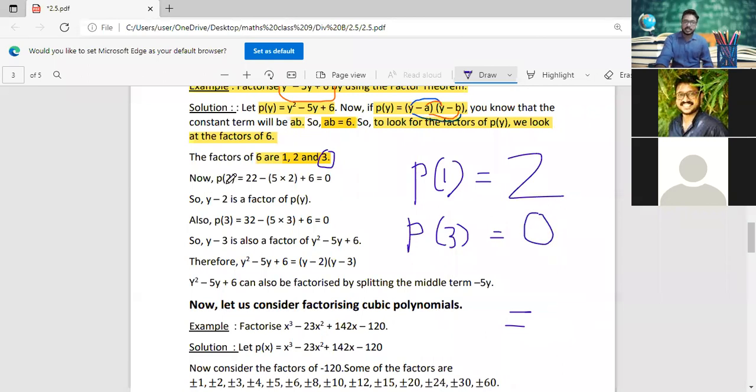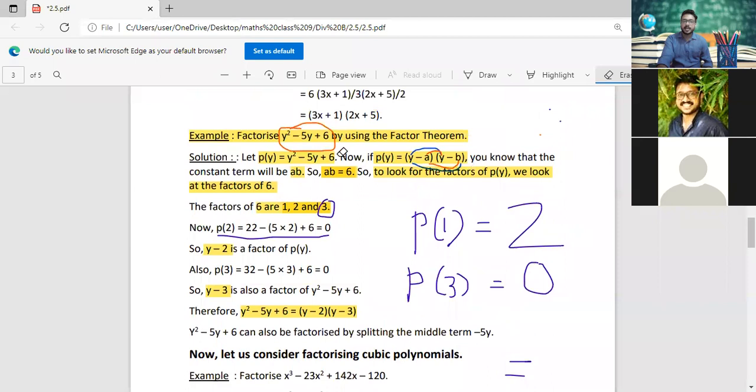Similarly, when we check P of 2, it is also 0. So we can conclude that the factors of the polynomial P of y are y minus 2 and y minus 3. There are 2 factors. Therefore, we can write y squared minus 5y plus 6 is equal to y minus 2 into y minus 3. So this is how we are factorizing a polynomial using the factor theorem.